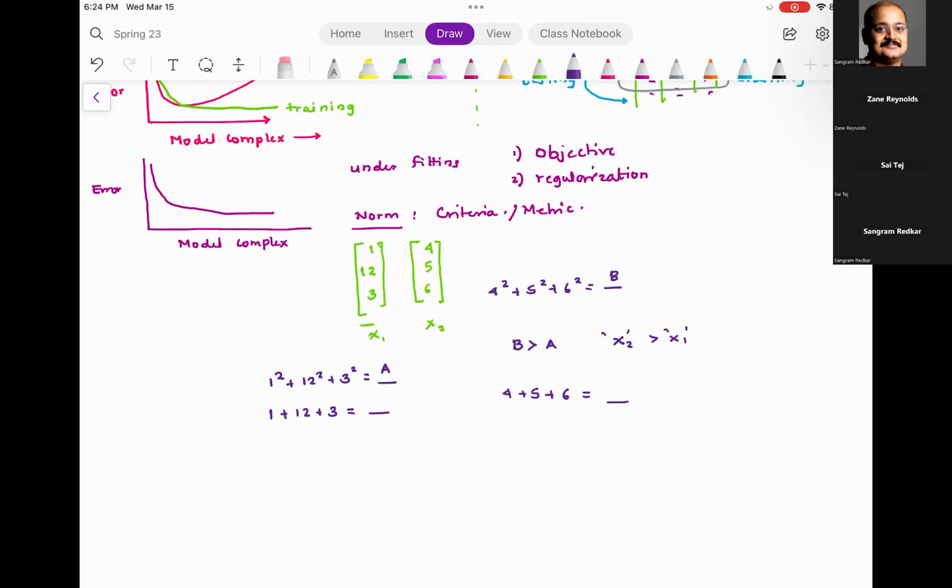So similarly, norm is one way or a technique for comparison. There are quite a few norms that are popular. One of the norms is the maximum error norm.